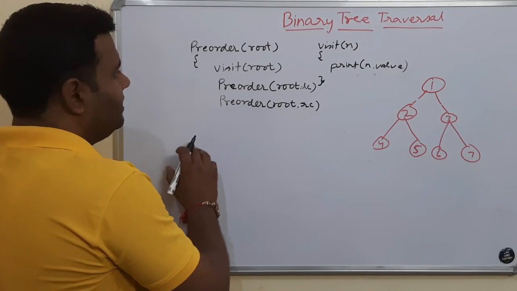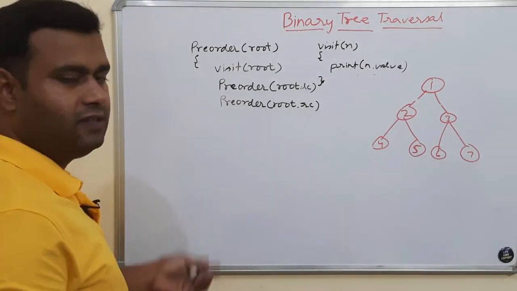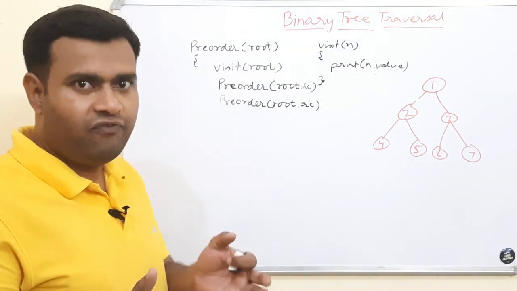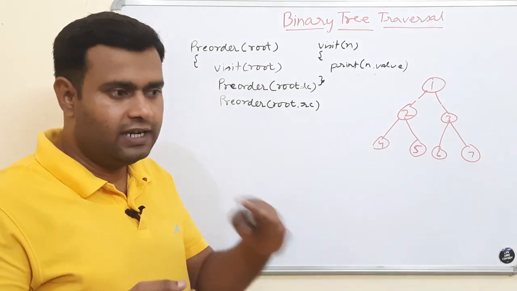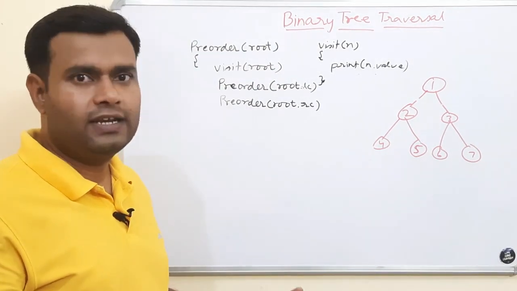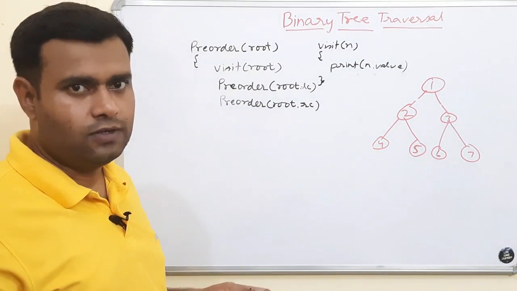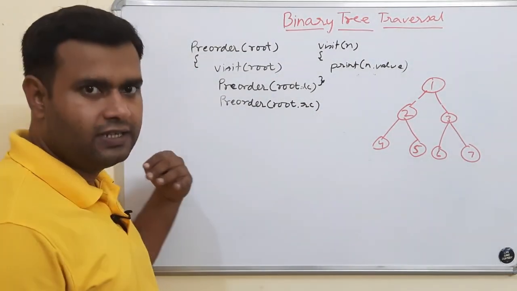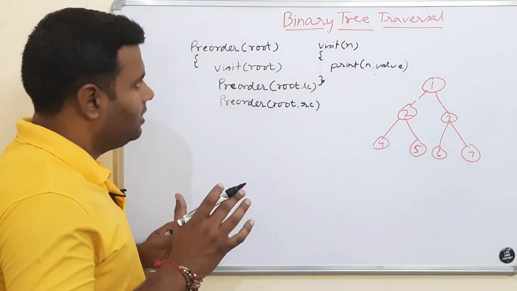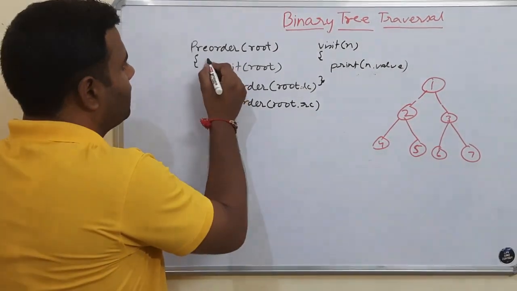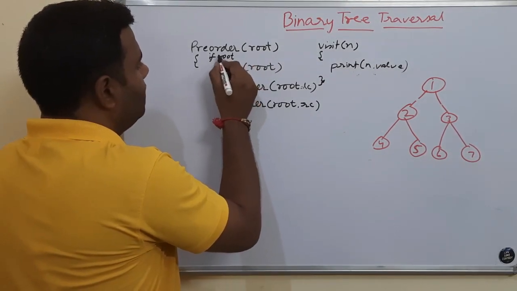So these are the steps, but because this is a recursive function, there has to be a base condition through which your recursive function will end. All recursive functions have this. So here, what can be the base condition to break this recursion? This recursion can be broken if, let's say, your root equals null.